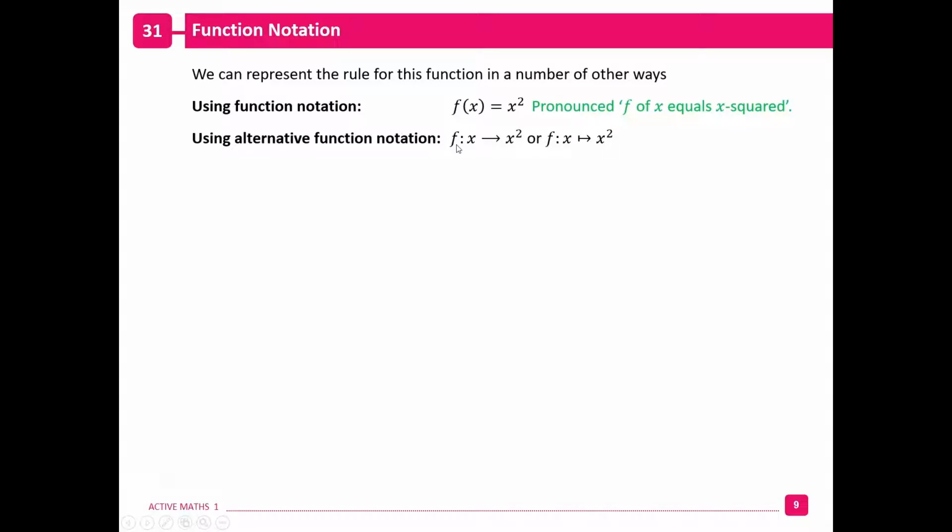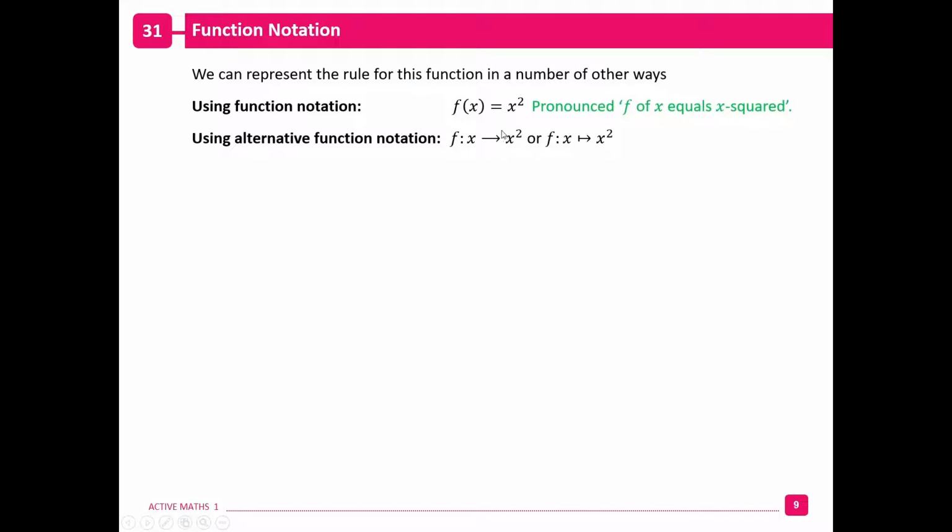Now, it also is a bit like the mapping diagram where we had arrows to show that an input maps to its output. So we can simply still say that there is a function f, inputs go into it, and then what must be done to each of those inputs happens after the arrow.